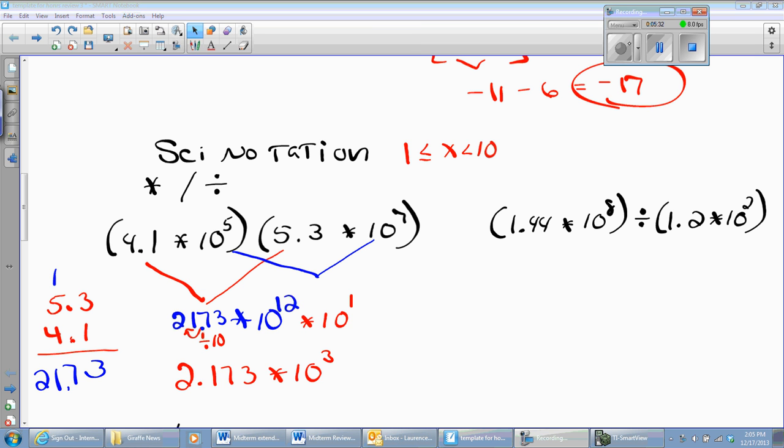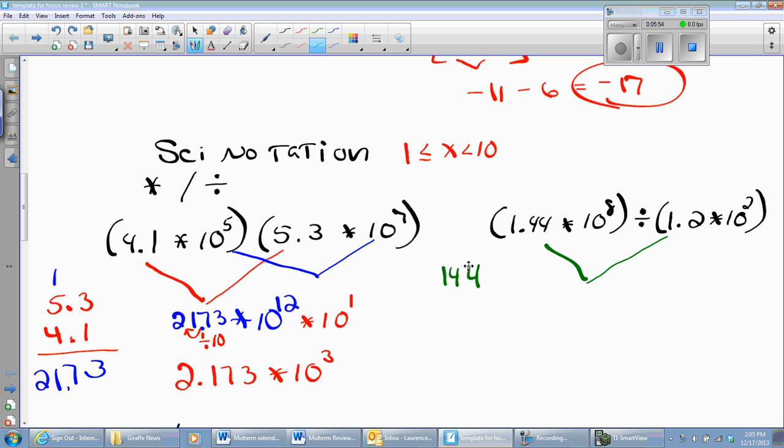Okay, it's been several hours, but I'm going to pick up where I left off. So I'm going to do some division by scientific notation. First, I'm going to divide 1.44 by 1.2, 1 and 44 hundredths by 1 and 2 tenths. Now, you are allowed to use a calculator, but you don't always need to.